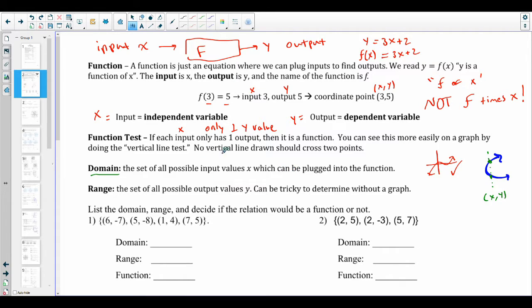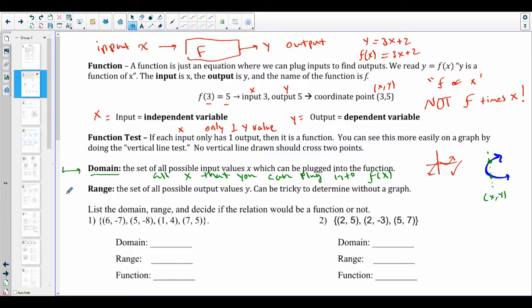What are all of the possible x's that can be plugged into f of x? On a graph, you can think of it as how far left and right the function goes, because the x-axis goes left and right. So you think, how far along the x-axis can I go on this function?